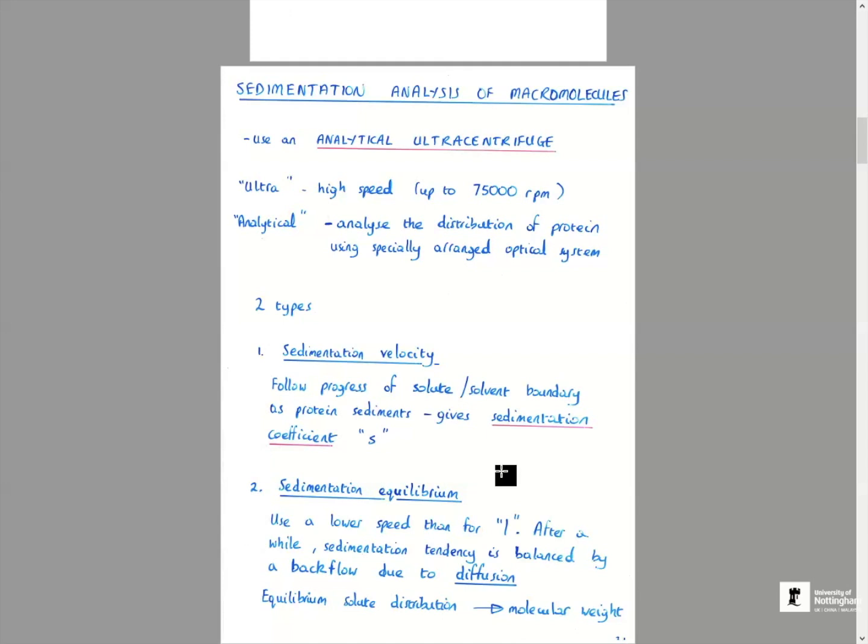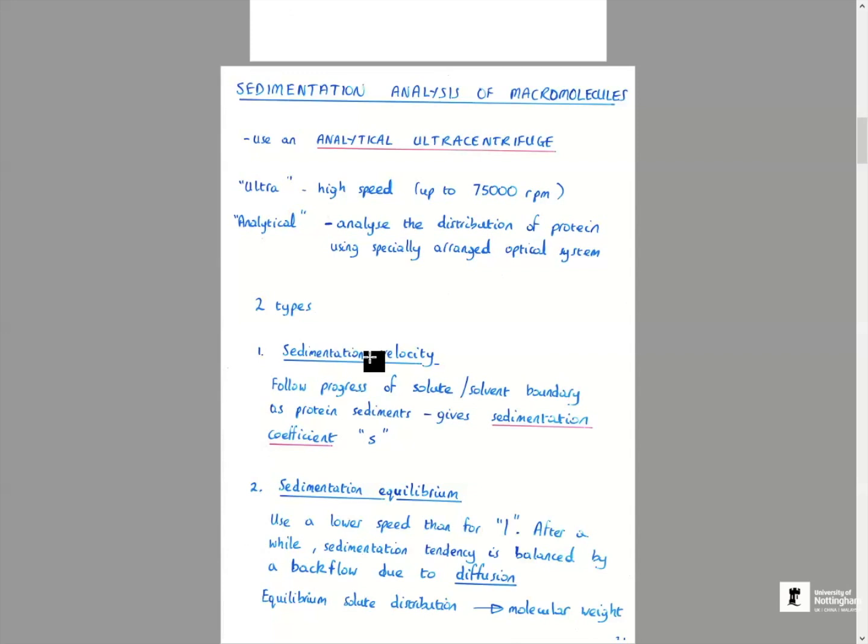Right. There's two types of sedimentation technique. One is sedimentation velocity, where we spin things at very high speed and particles will sediment, as I just described, depending on their sizes and shape.